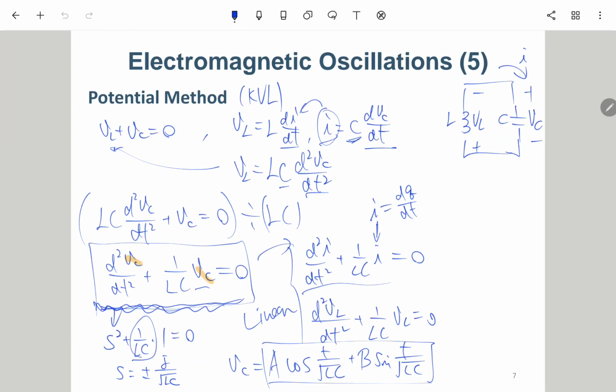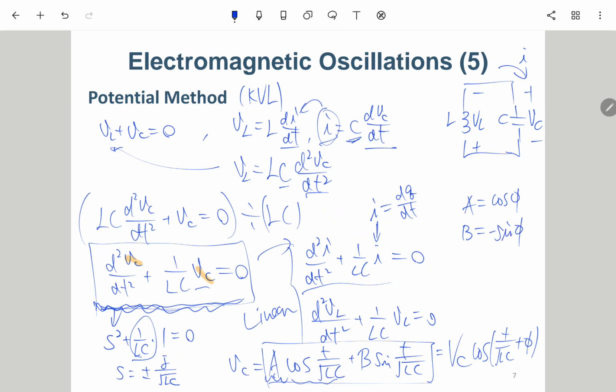Why is it like that? In high school trigonometry, if we have A times cosine with a frequency plus B times sine of the same frequency, you can make it VC times cosine of t over square root of LC plus an angle. You can let A equal something like cosine of phi, and B equal negative sine of phi.